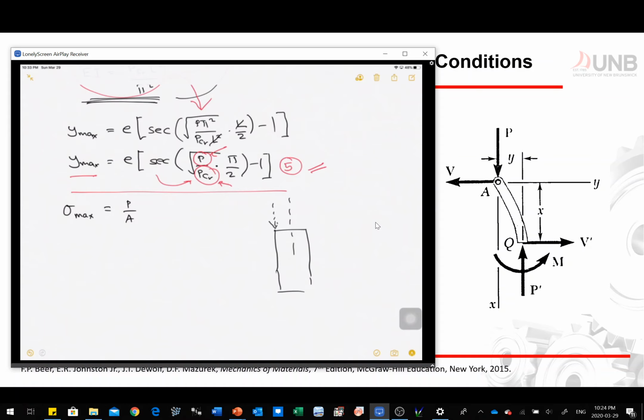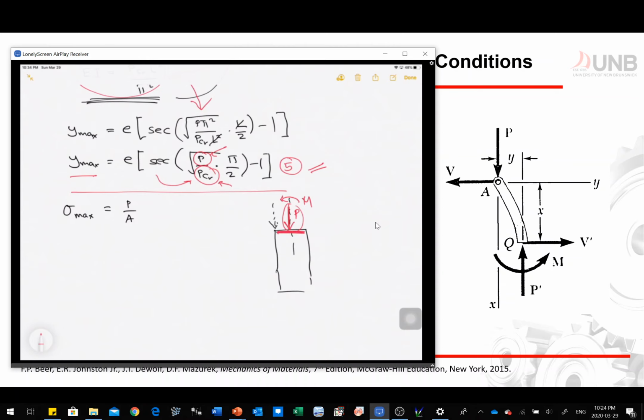And then what we did is we used a force couple system in order for us to move that arrow right here. However, we have to add a moment, which means that if we're going to calculate our maximum stress, we have P divided by A, so that's going to be this P right here, acting on this area of our column.